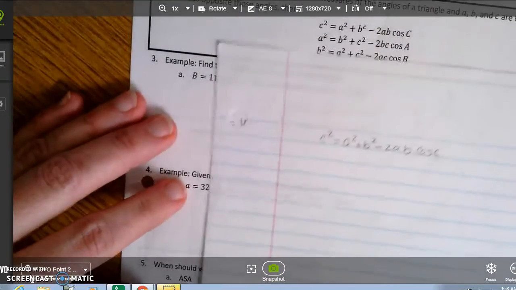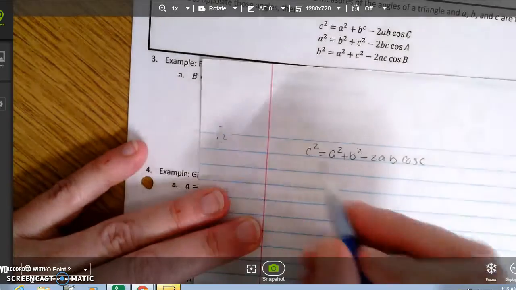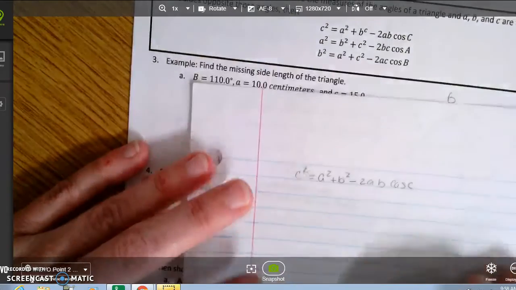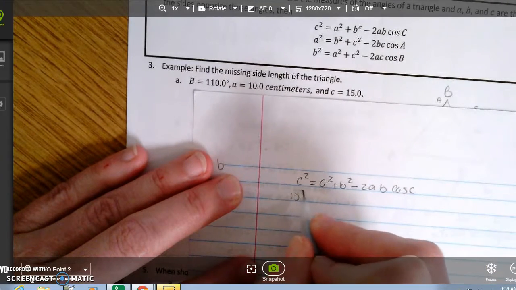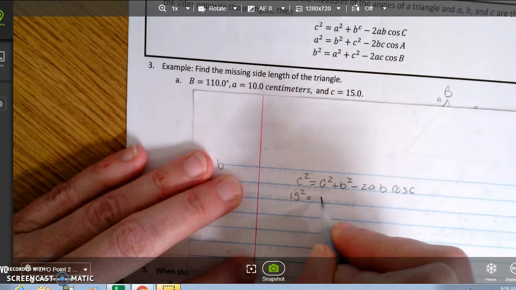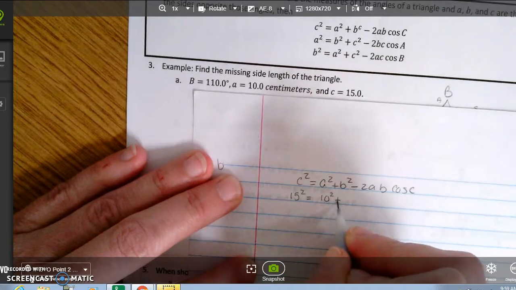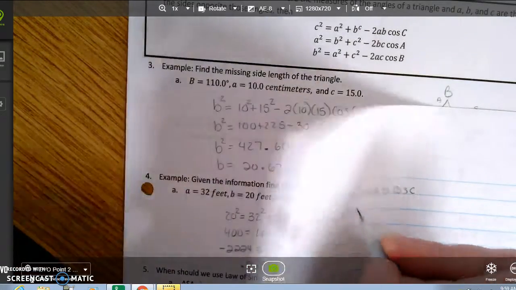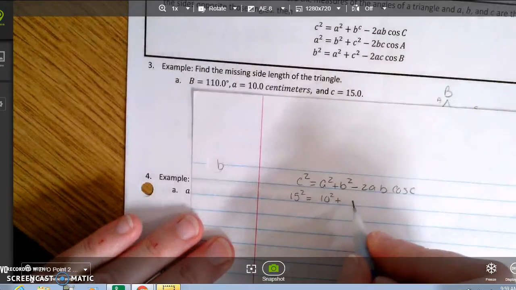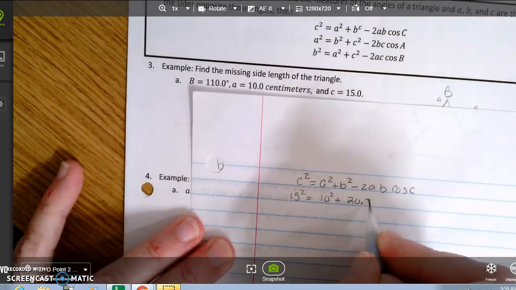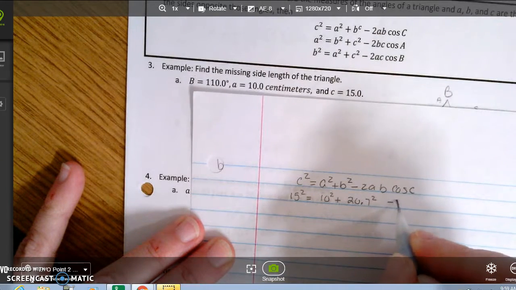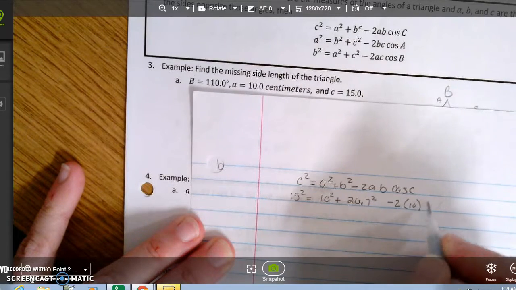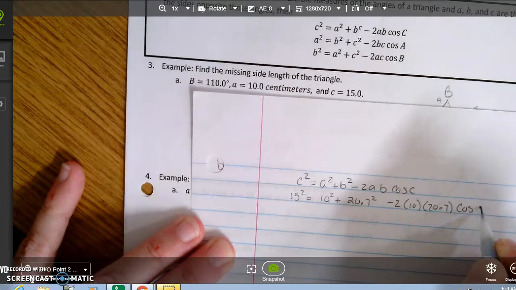I know that C is equal to 15 centimeters. I know that A is equal to 10 centimeters. B, we just found, was 20.6. We'll round it off to 20.7 centimeters. And then I'm going to put in the rest of my problem. I've got my 10, my B, and I've got cosine C.